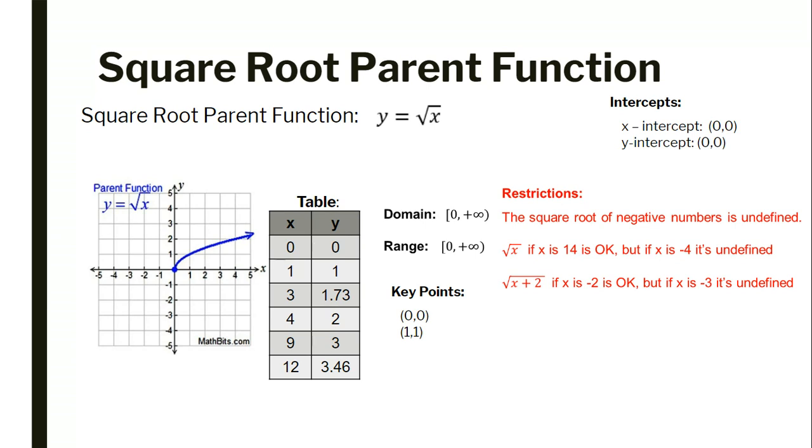But if x is negative 3, negative 3 plus 2 is negative 1, and we cannot take the square root of negative 1 and get a real number answer. So that is undefined. Pay attention to any restrictions that you might have in your square root parent function. That will be important for your domain and range.